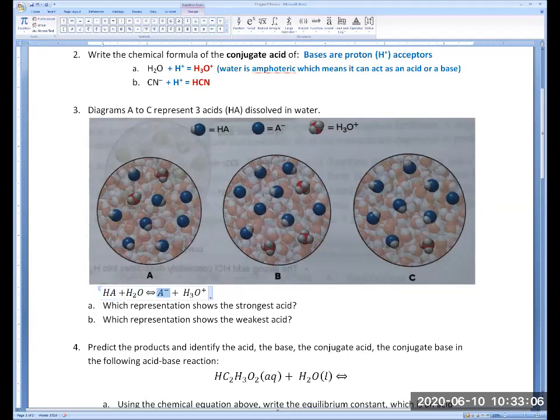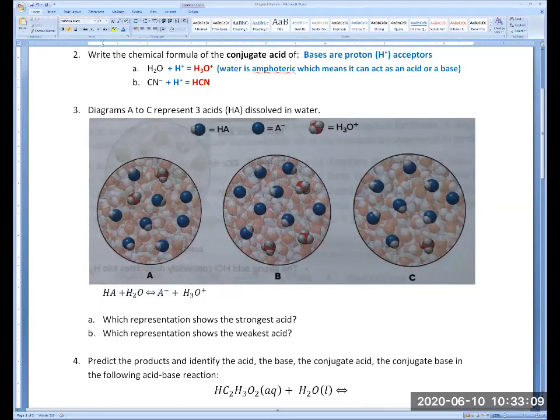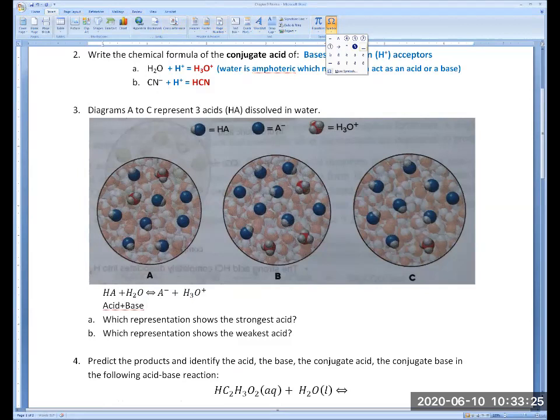So we can write that under here. HA is our acid. The water is the base. A minus is what we call the conjugate base of the acid.